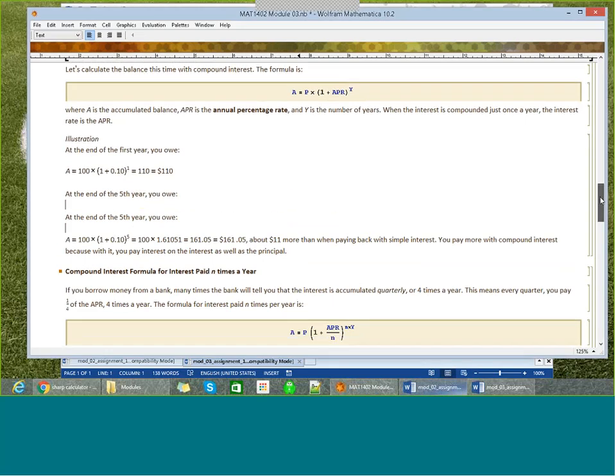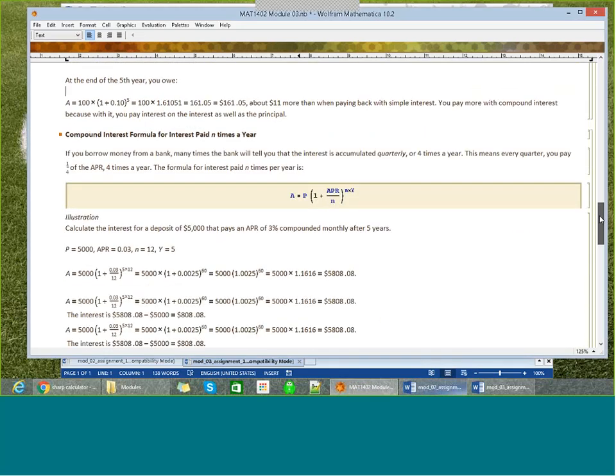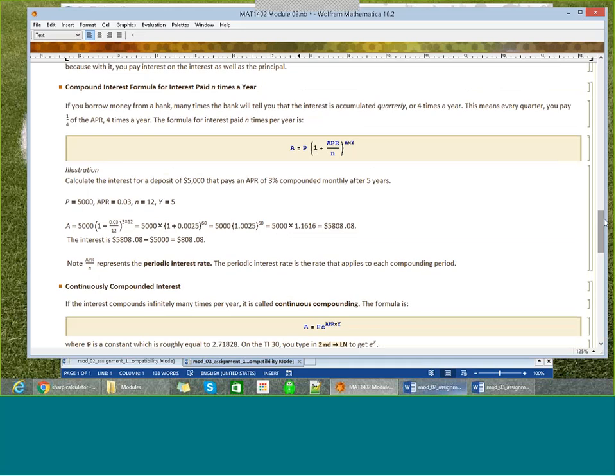Many times the interest is compounded multiple times a year, usually monthly, but it could be quarterly or daily or whatever it is. So if the interest is compounded multiple times within the year, here's a formula. Same principle. A is the accumulated value, P is the principal, APR is the rate given to you.